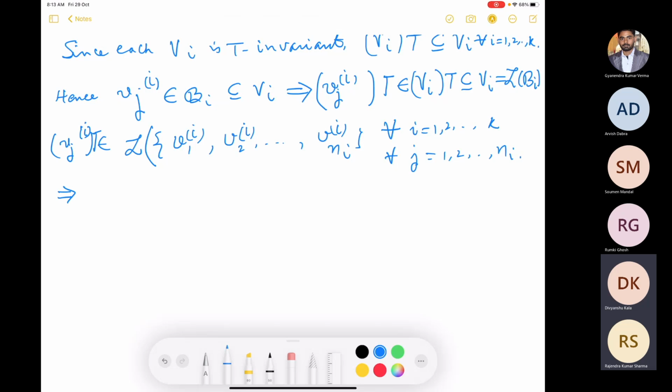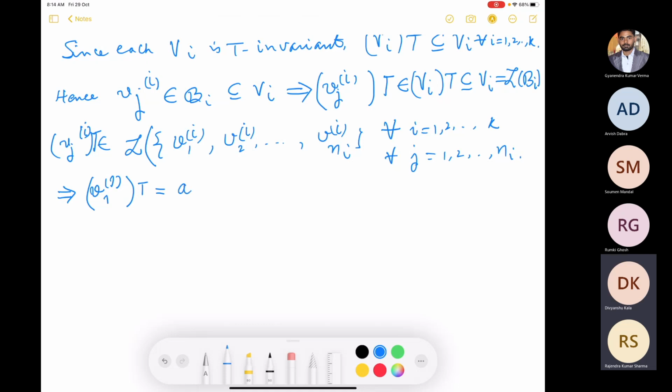So for example, when you take this as V11, i is 1, j is 1, and T of this is in the linear span of V11, V21, up to Vn11.